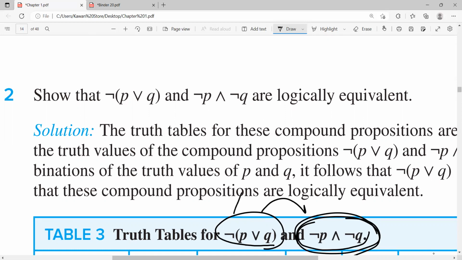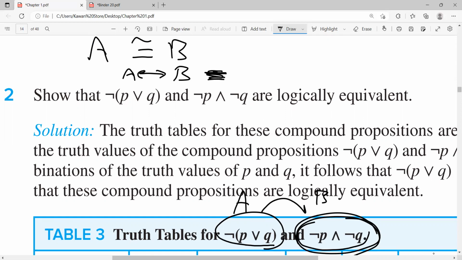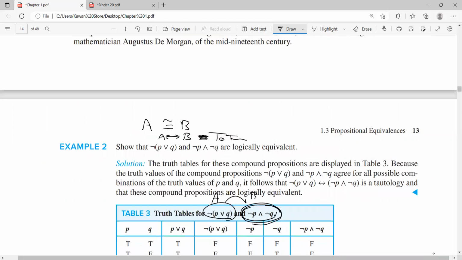In my mind, I have A and B. If you want to show A is equivalent to B, you should check A if and only if B, and the result is a tautology. Understood?